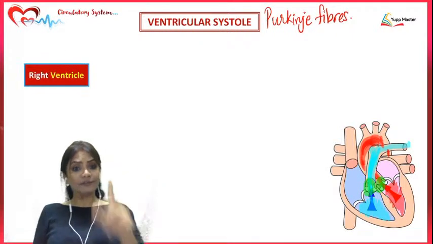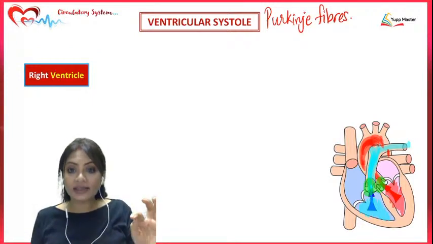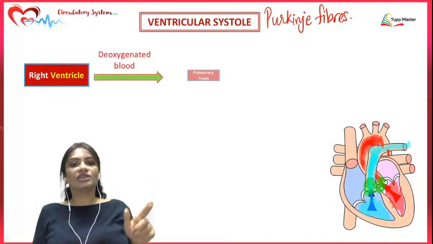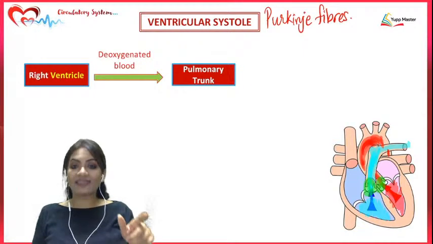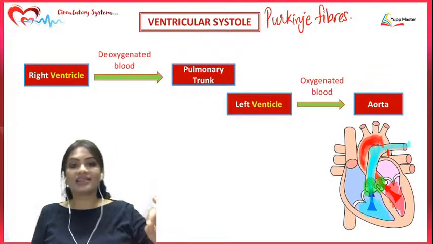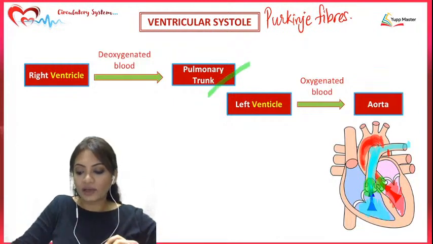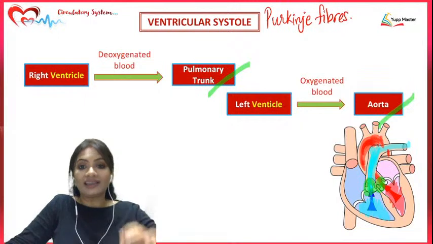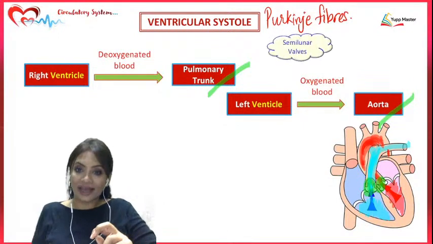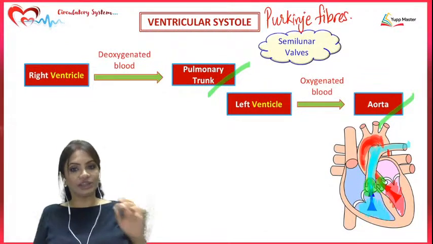On the right side, from the right ventricle, it is the deoxygenated blood that enters into the pulmonary trunk. From the left ventricle, the oxygenated blood enters into the aorta. Before entering the pulmonary trunk and the aorta, the blood has to pass through the two valves called semilunar valves because they are half moon shaped.